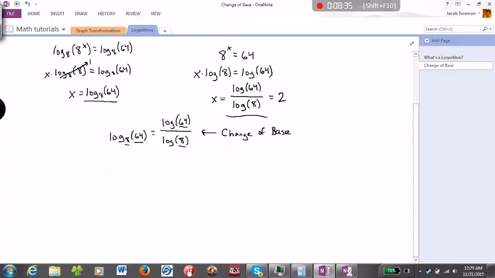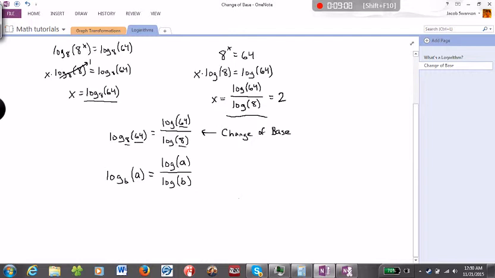So in general terms, if we have the log of base b and we take this log of some number or value a, this is the same as taking the log base 10, or base anything for that matter, of the argument divided by the logarithm base 10 of the base.